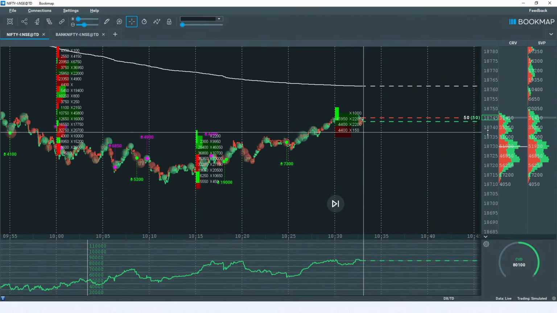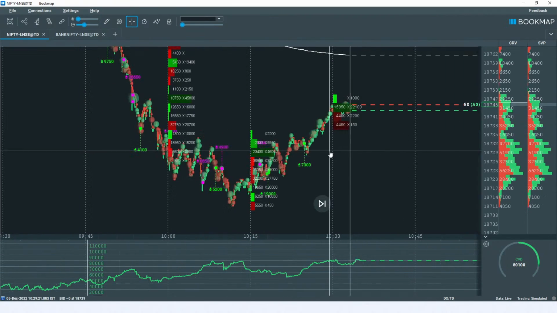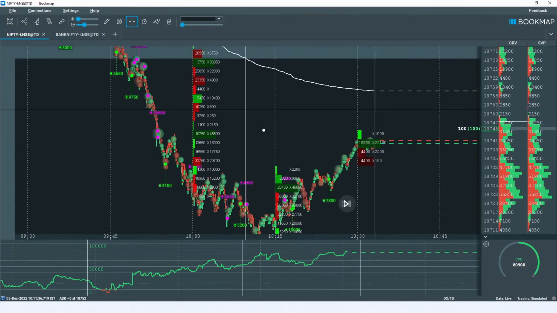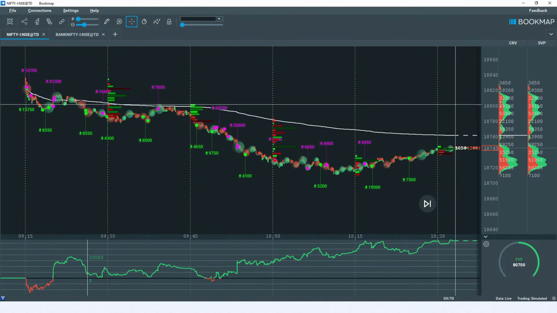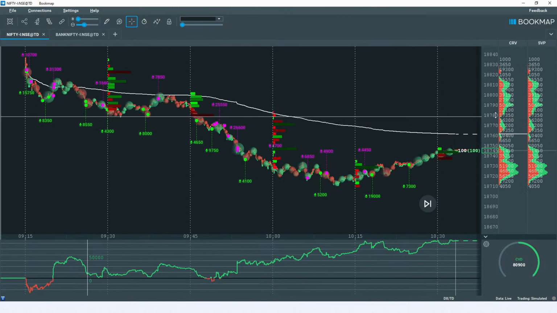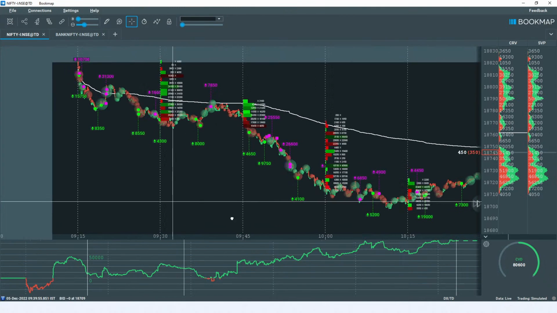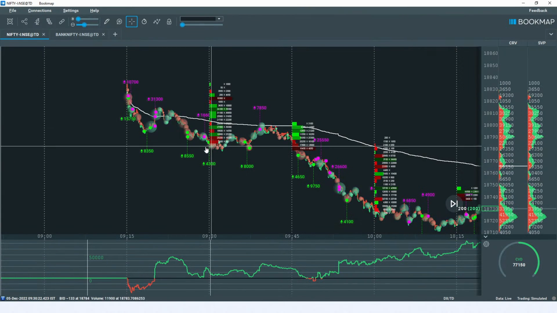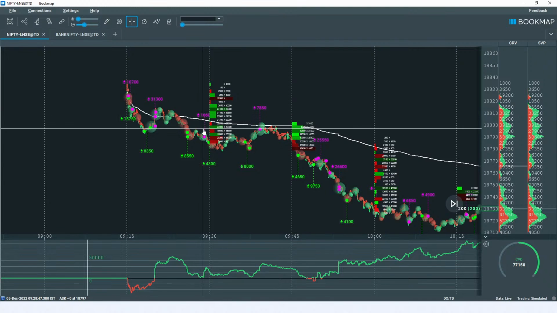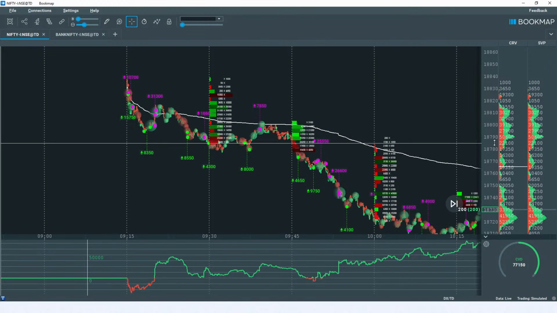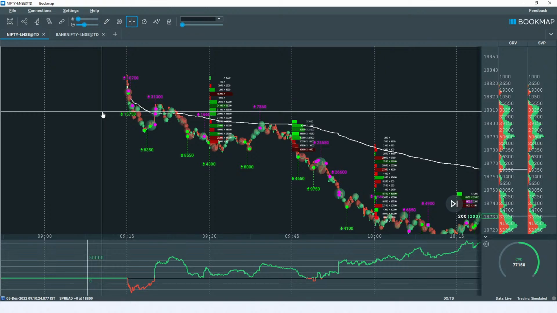So this was the initial 15-minute overall information of the footprint chart. The footprint chart will help us understand the price action of that specific interval in a clear manner.